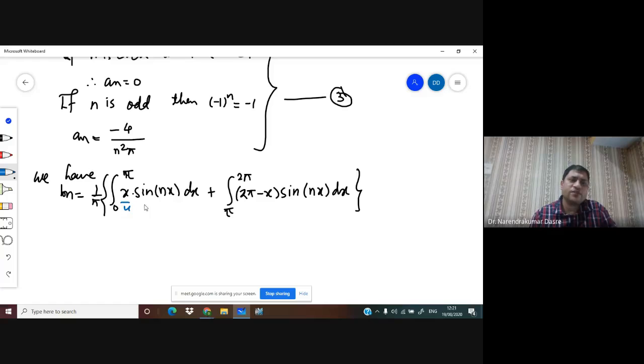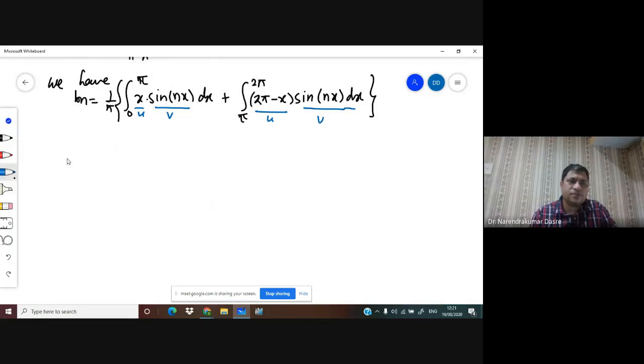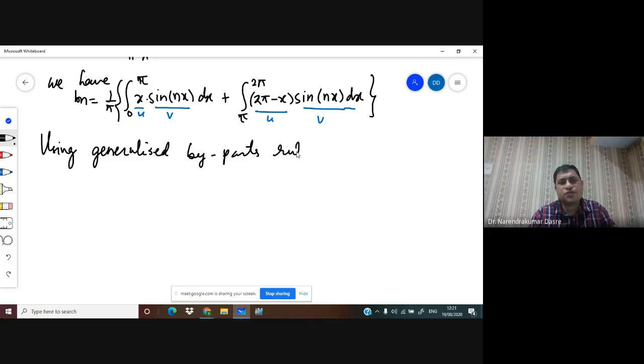So again we'll be having u, and this is v. This is going to be u, and this is going to be v. So we have to apply the generalized by parts rule. So using the generalized by parts rule, we get bn is equal to 1 upon pi.